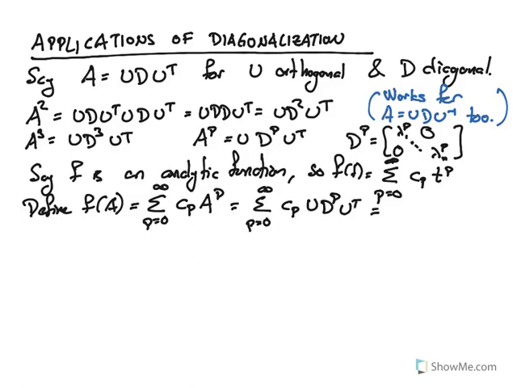And since each term involves U multiplied from the left and U transpose from the right, I might as well pull them out.